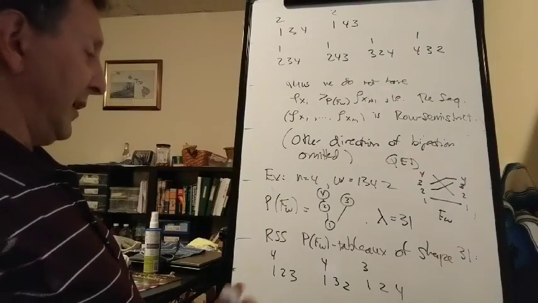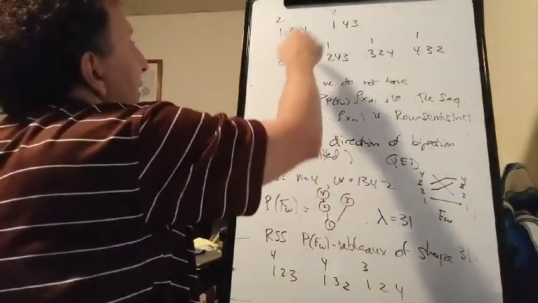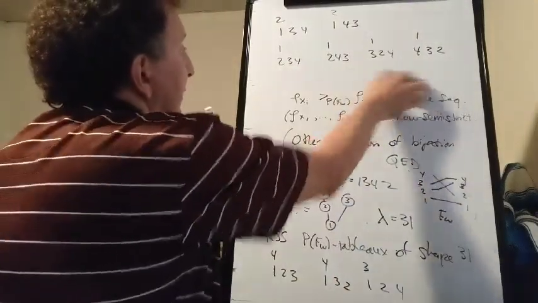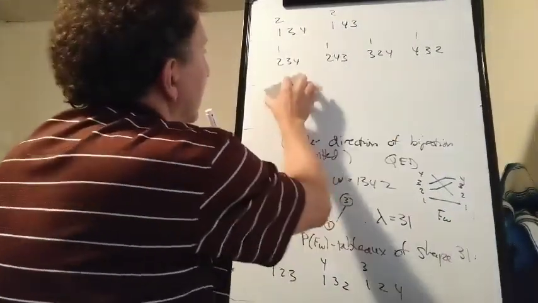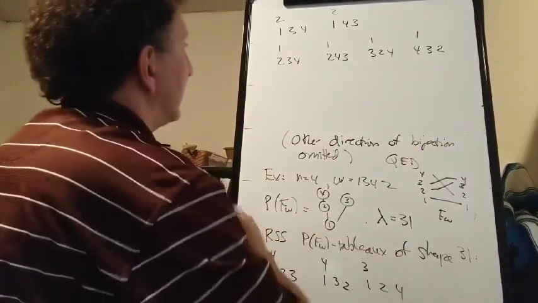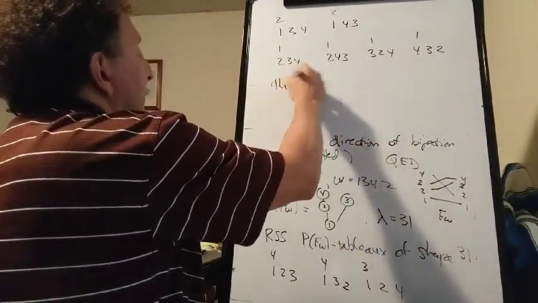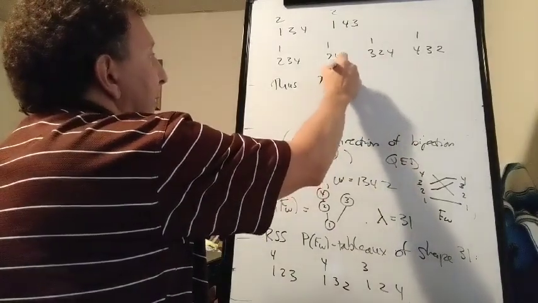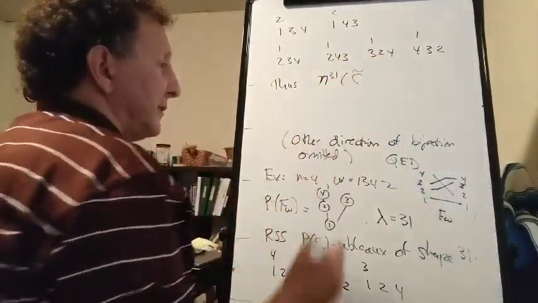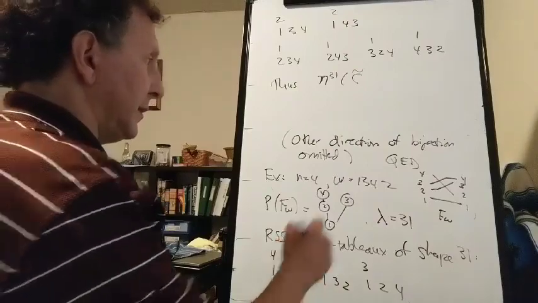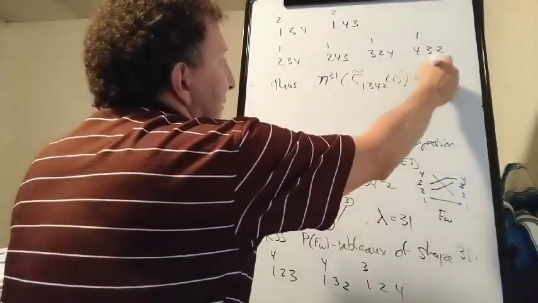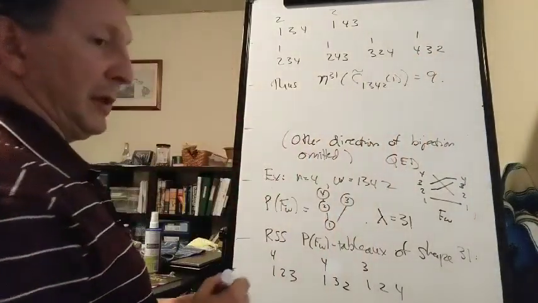Alright, and I think that's it. And we have 1, 2, 3, 4, 5, 6, 7, 8, 9. So that means that eta 3, 1 of C 1, 3, 4, 2 is 9, which is consistent with what we computed last time.